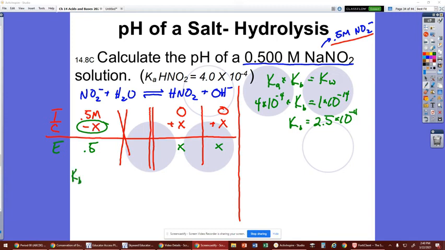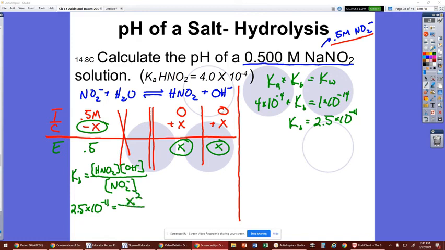All right, all we got to do now is come up with our equilibrium expression here. So Kb for this particular nitrite ion in solution is going to look like this: HNO2 concentration times hydroxide concentration divided by the nitrite concentration. And it just so turns out that we know this Kb value now, 2.5 times 10 to the negative 11th. The nitrous acid and hydroxide concentrations are both X. So I'm going to go X times X and just write X squared divided by the nitrite concentration of 0.5.